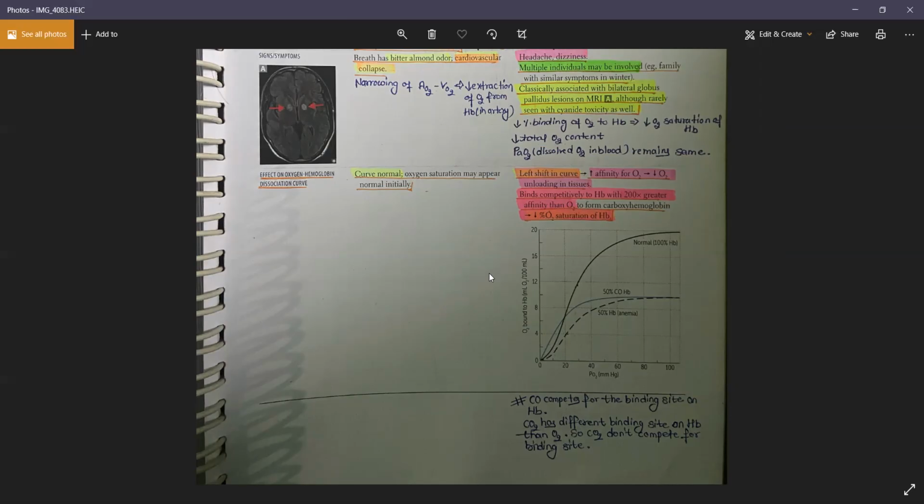So here the carbon monoxide is replacing the O2. Despite that, the body needs more oxygen, so hemoglobin should release that oxygen to the tissue. But despite that, it is not releasing and is increasing affinity. What is the mechanism? How does it work?